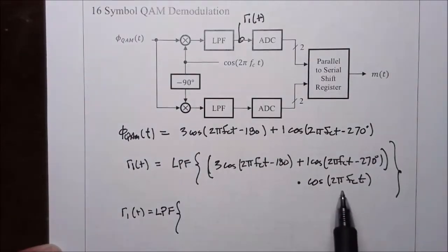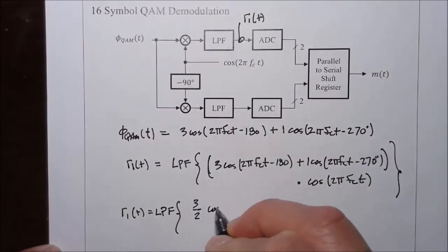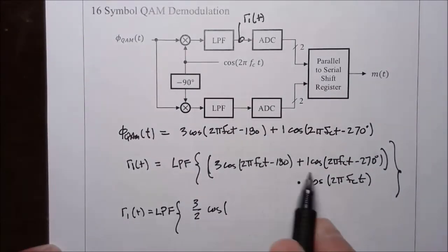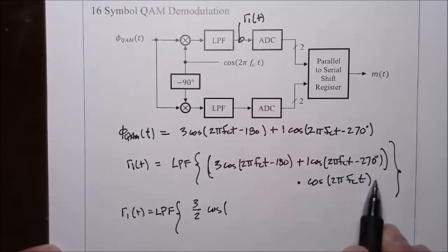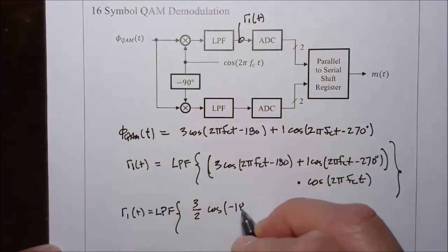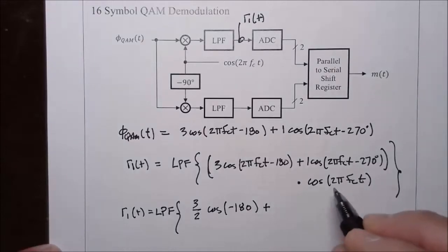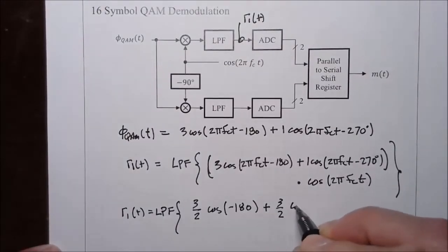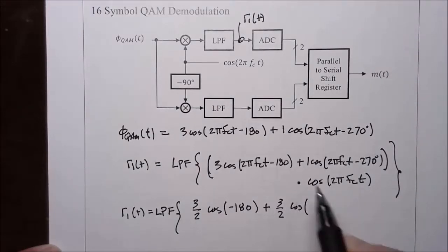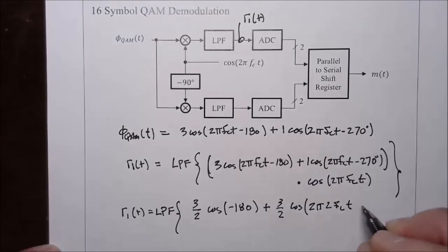We have 1/2 times 3, 3/2 cosine of the difference of the two angles, 2 pi FCT minus 180 minus 2 pi FCT just leaves minus 180, plus 3/2 cosine of the sum of the two angles, 2 pi times 2 FCT minus 180.